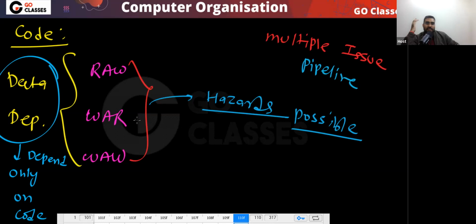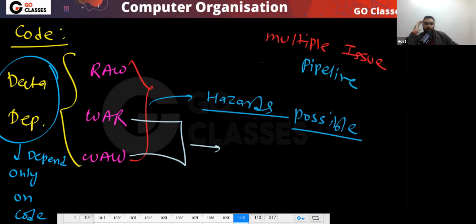But these hazards can be eliminated 100%. I will tell you a very beautiful technique and you will love it. You already know how to eliminate these. Have you studied SSA in compiler design? I taught you SSA, single static assignment. Just remember it. Something interesting will come at the end, and there is a GATE question on it.